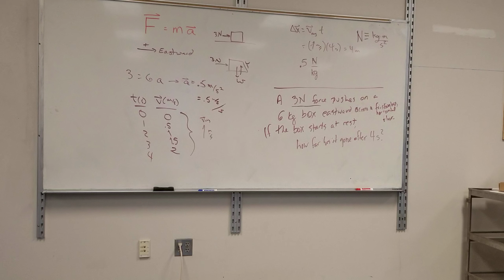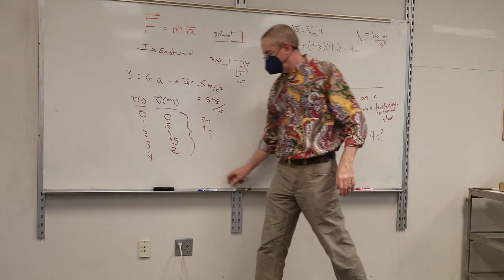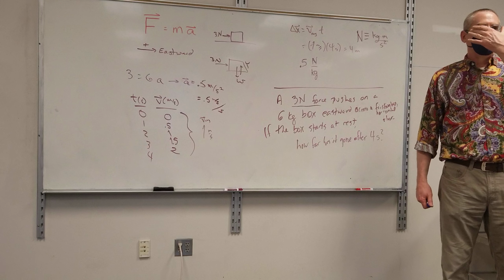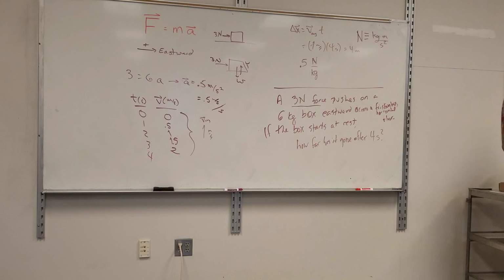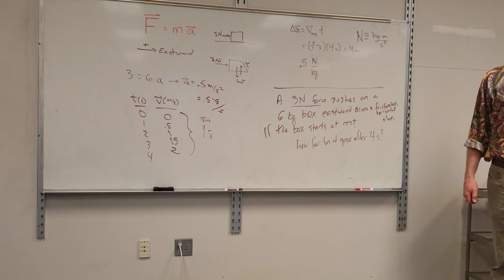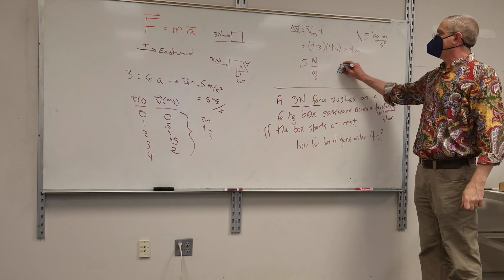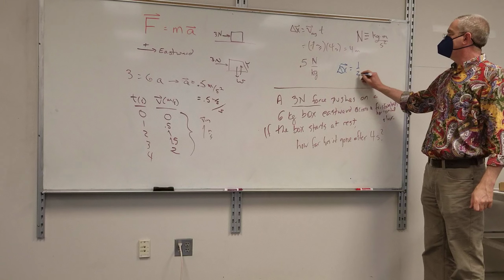Now, we do have another way of solving it. Since it starts at rest and acceleration is constant, we could use that equation that Hewitt had, modifying it slightly more generally.